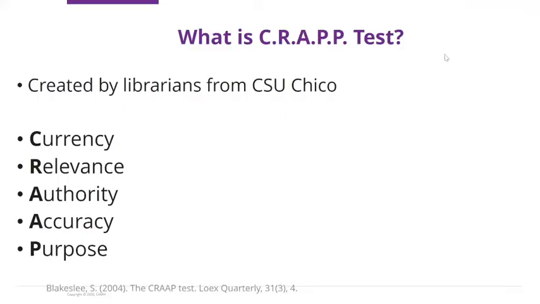The C.R.A.P.P. test was created by librarians from the California State University, and it's been around since the early 2000s. What it stands for is currency, relevance or relevancy, authority, accuracy, and purpose. And we will go through each of these individually.